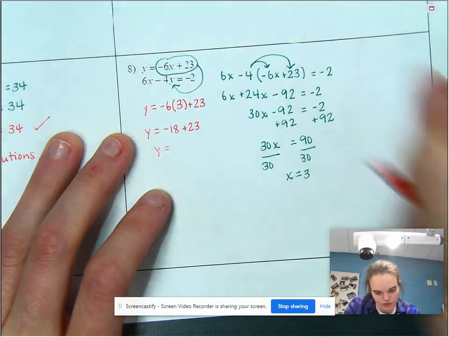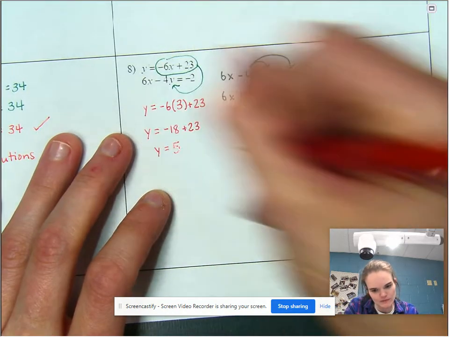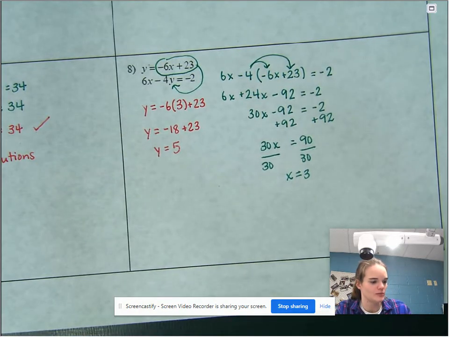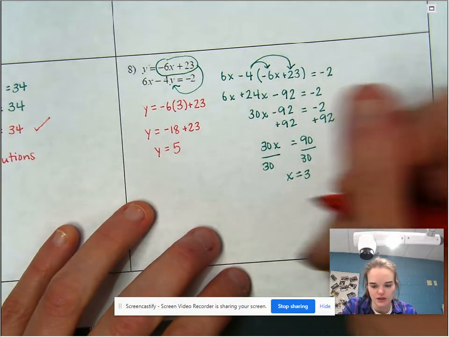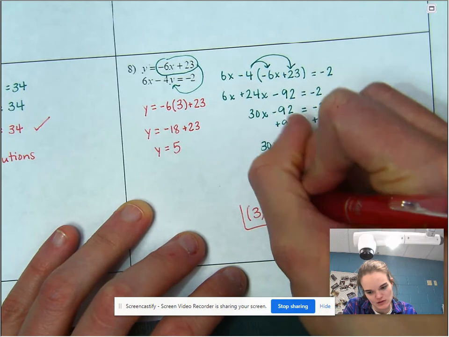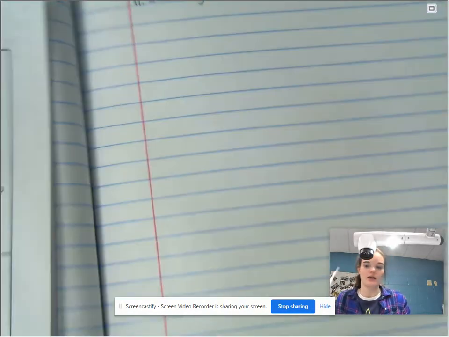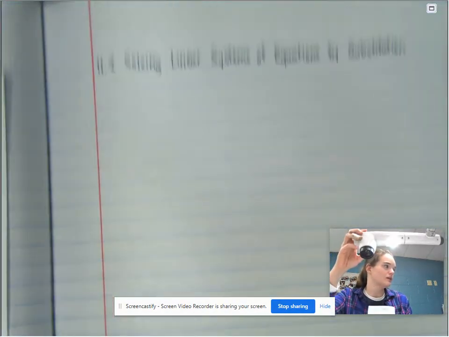So y equals 5. I better check. Sometimes I don't do my arithmetic right there. 5, it is 5. So the solution is 3, 5. Okay. All right, we're going to go ahead and glue that in on page 67. So we got to fold it in half, glue it in on 67.